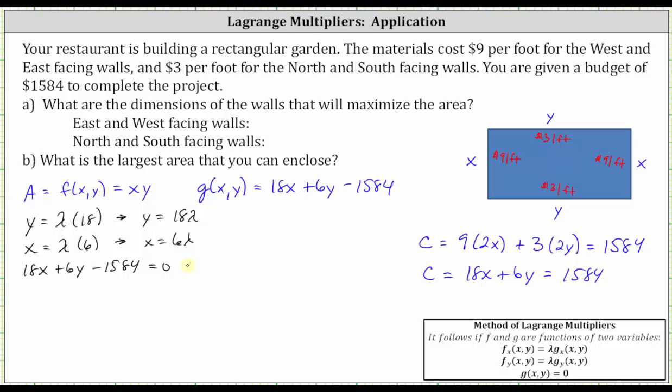So performing this substitution, we would have 18 times x, which is 6 lambda, plus 6 times y, which is 18 lambda.